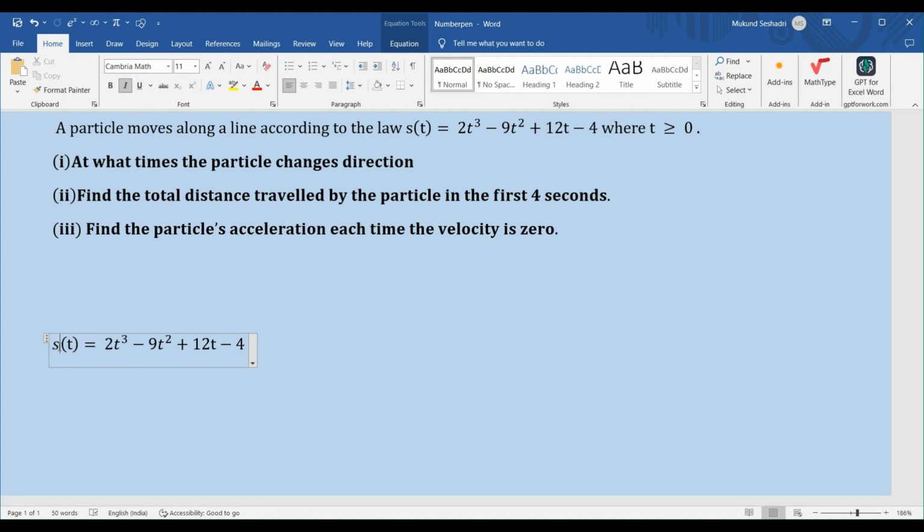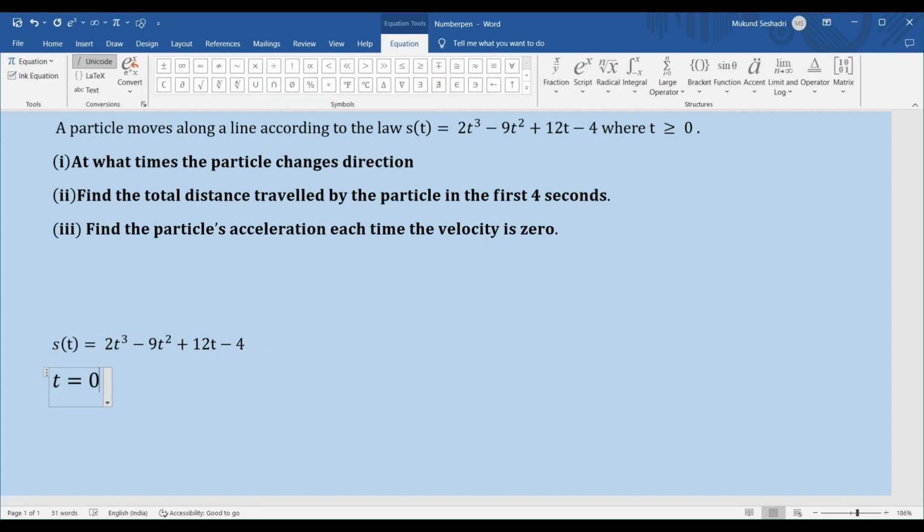So at the moment the particle starts off, which is when t equals 0, I notice that my particle is not at the origin. Why is that? Because my s of 0, which is where the particle is stationed at time t equals 0, is given by this equation with the substitution t equals 0.